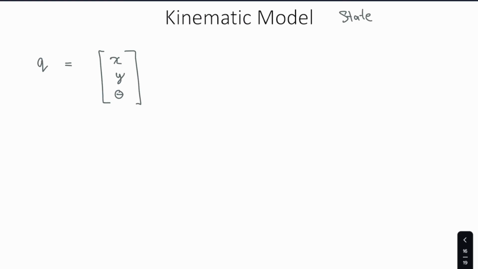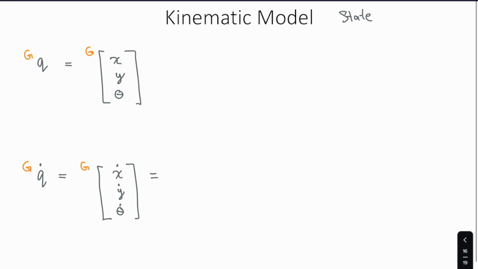More important than this state vector is how this state vector changes over time. And we now have equations for those. And now is a good time to introduce the reference frame back into the equation. So let's say that we would like to know the state of our robot with respect to that global reference frame. Well, bringing that back over from our previous slides, we'll grab those equations.